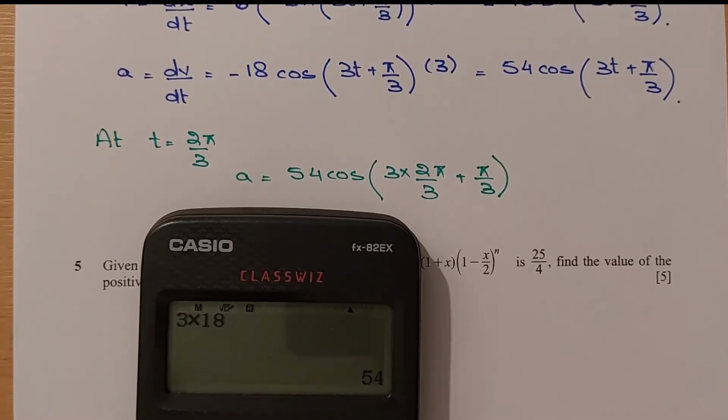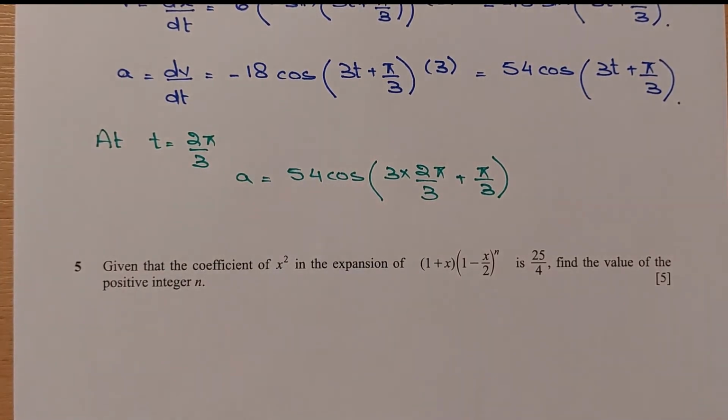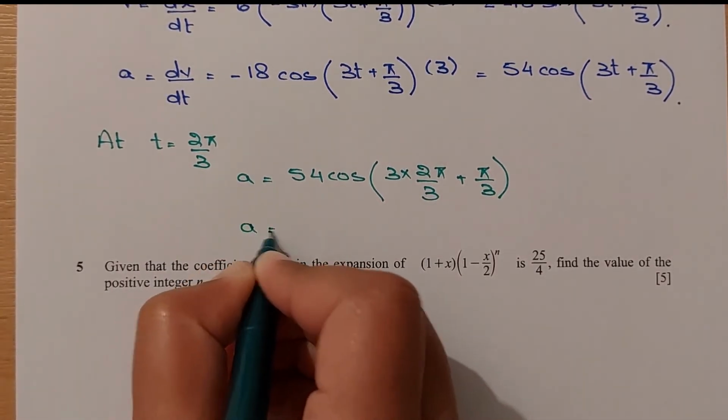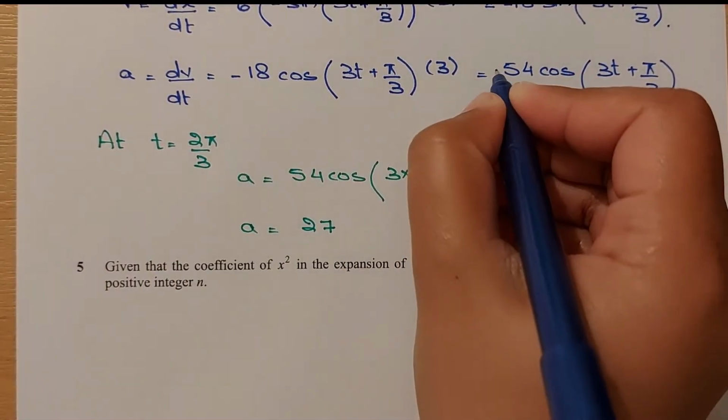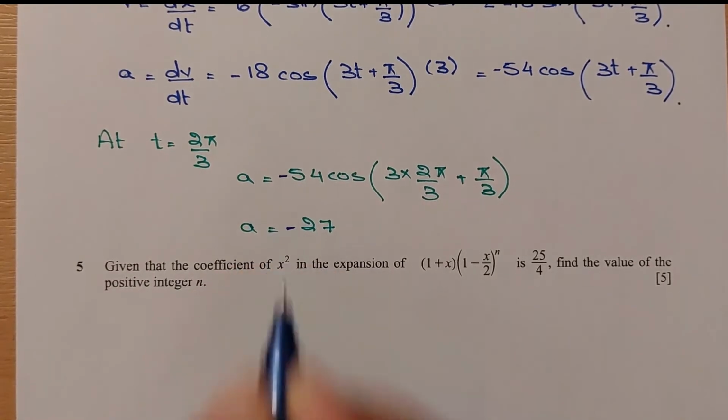So let's do it. 2 times 3 is 6, 6 pi divided by 3 plus pi divided by 3 gives 7 pi by 3, and cos of 7 pi by 3 is 1 by 2, times 54, that is 27. So the acceleration is 27. Sorry, I forgot the negative sign. This is minus, minus 27.